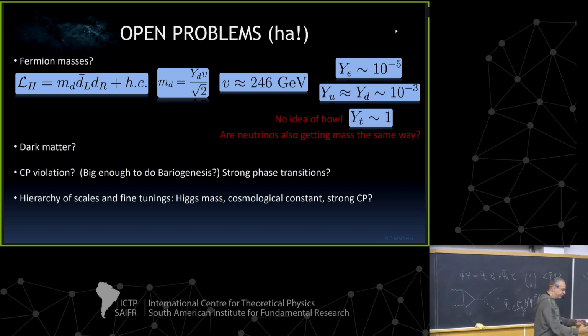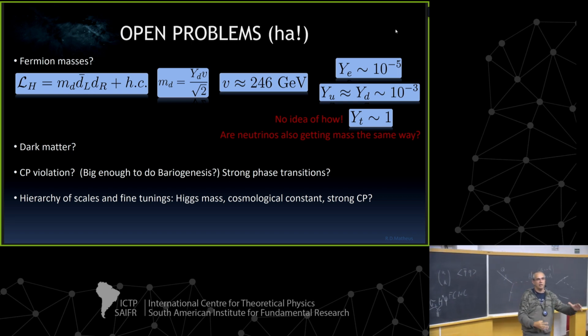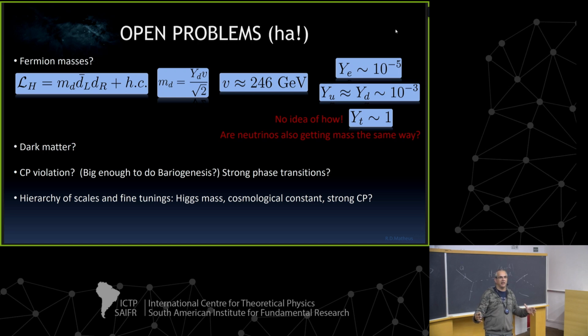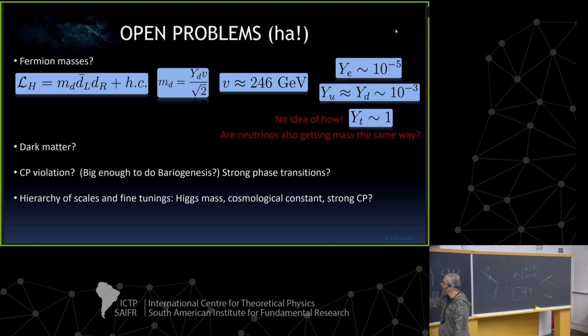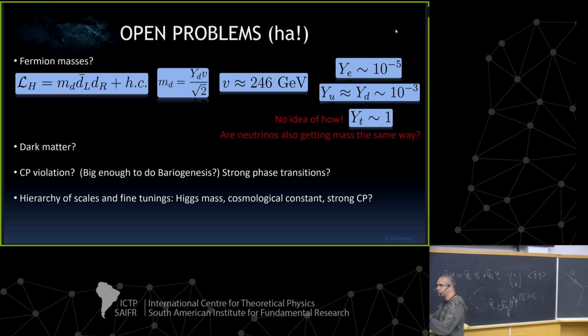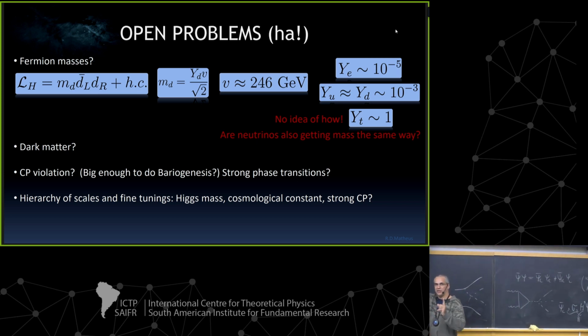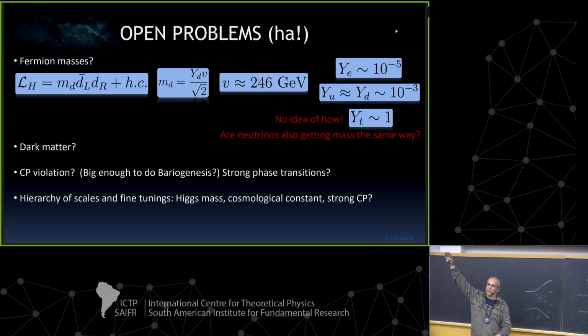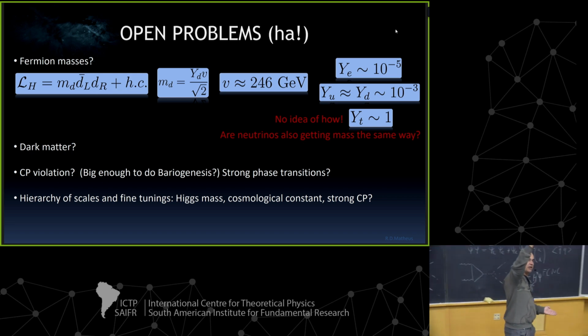You can do physics at a certain scale, only worrying about effects that are happening at that scale. So these are called the scale hierarchies or fine-tunings, because that's what you're doing. You're tuning some theory that happens at very high energies against one that is happening at low energies.